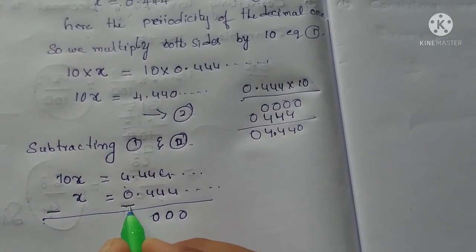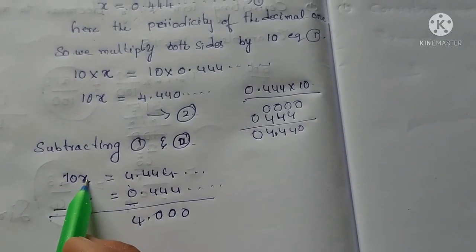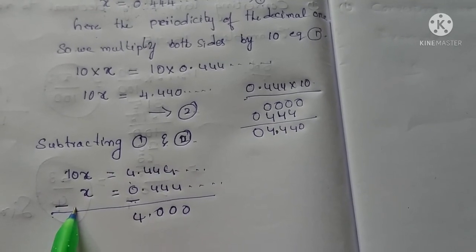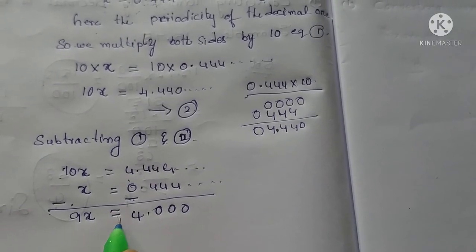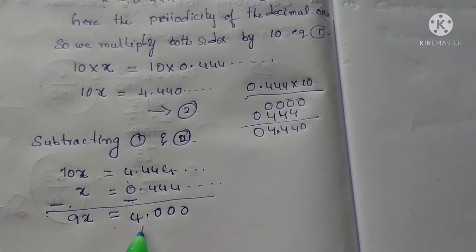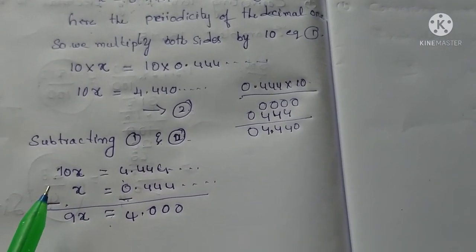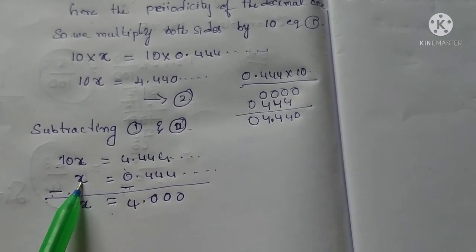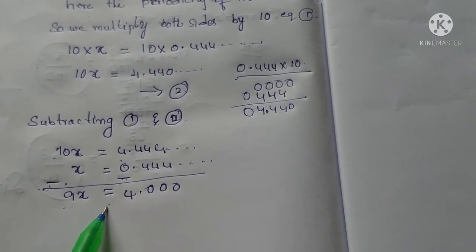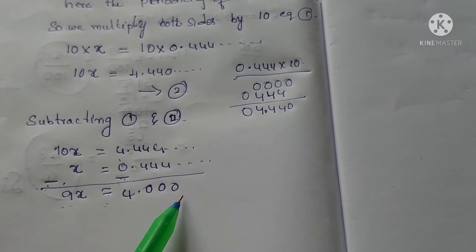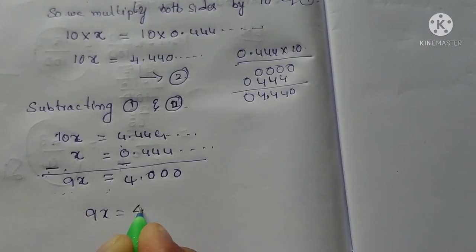Next 4 minus 0, 4 point. 10x minus x is 9x, equal to 4.000. Observe that in 10x minus x, the symbol is the smaller number, so we have to take the positive. 9x is equal to 4.000. So finally we write 9x equal to 4.